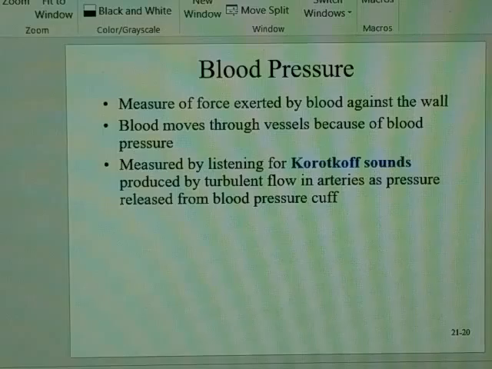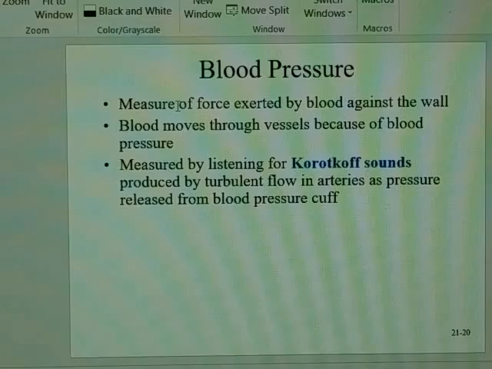A lot of times with our blood pressure in the systems, in the vessels, what's being done is you're measuring the force that gets exerted by the blood on the walls of those vessels. The movement occurs because the heart is a pump, and when it beats, it creates that blood flow through those vessels, those arteries.